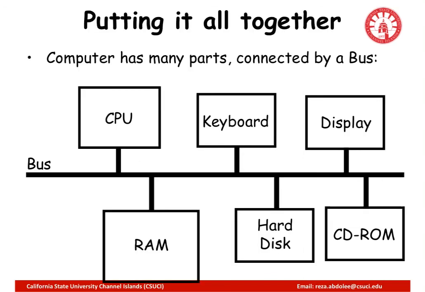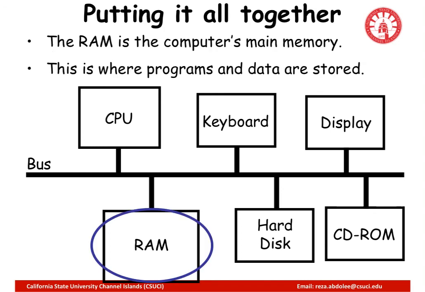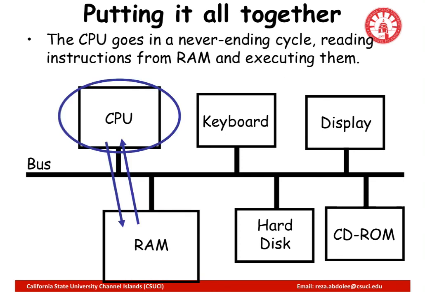Let's come back to our conceptual model of a computer architecture and summarize what we have learned in this lecture. As we said, the RAM is the computer main memory. This is where the program and data are stored. The CPU goes in a never-ending cycle, reading instructions from RAM and executing them one after another.